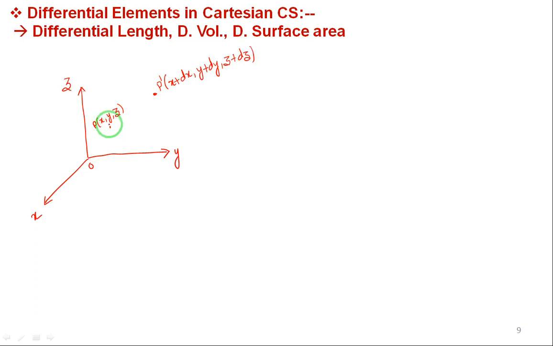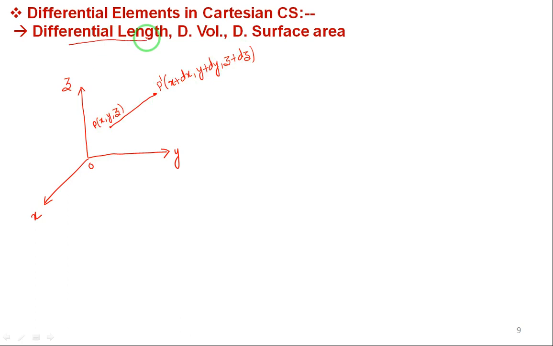I hope you got this. For P dash the coordinates are x plus dx, y plus dy, z plus dz. Is it fine? Then I want to find out the distance between these two points, P to P dash.